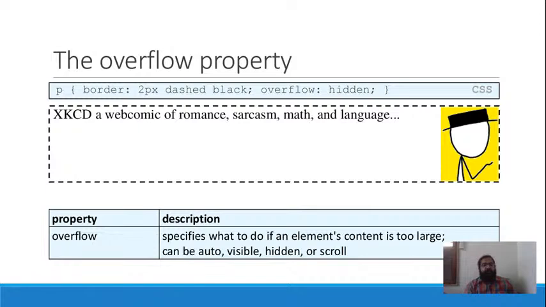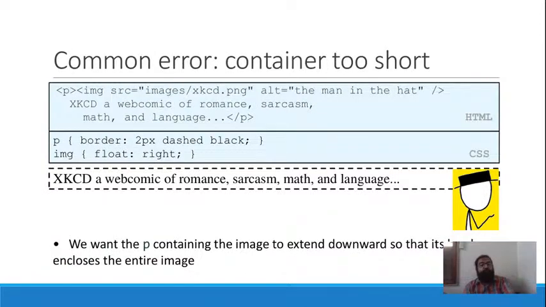So if you want to do it this way, how do you extend the border of the p block, because the p is the parent block, and the image element is inside the p.